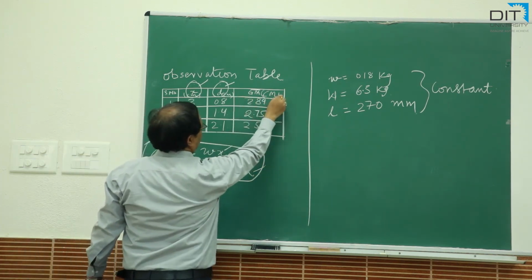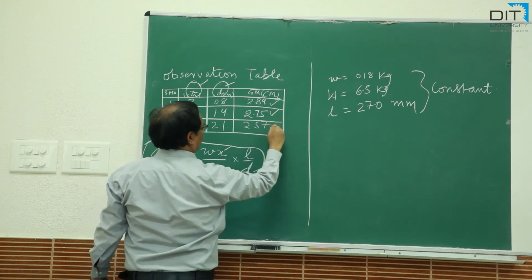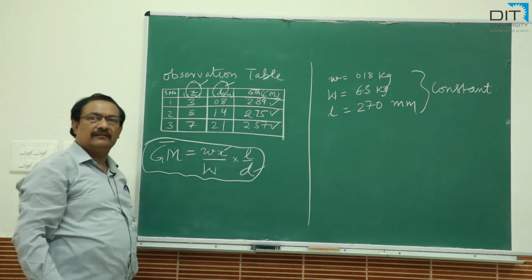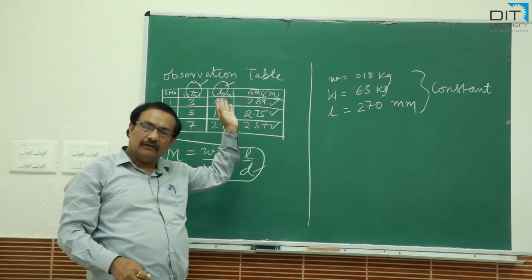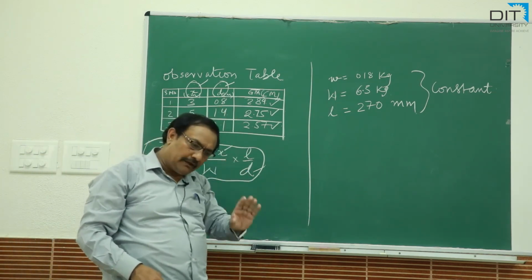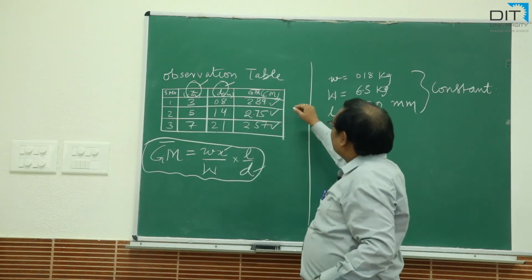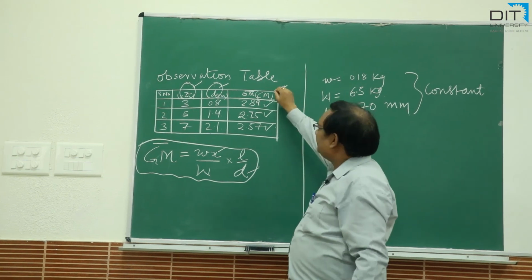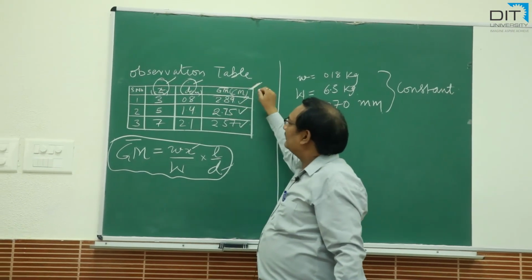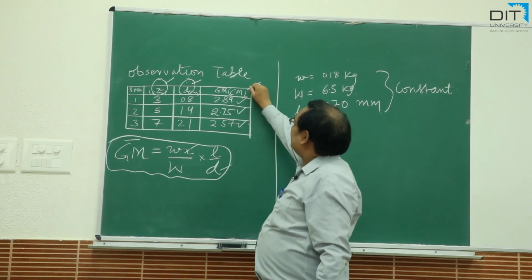This is metacentric height: 2.8 cm, 2.75 cm and 2.57 cm. Similarly, if we have put it on the right side, we can put it on the left side also, and we can find out the same metacentric height with the same setup and observation table. From this we can find out the metacentric height.